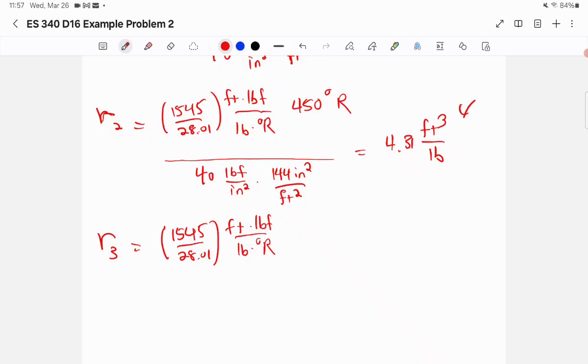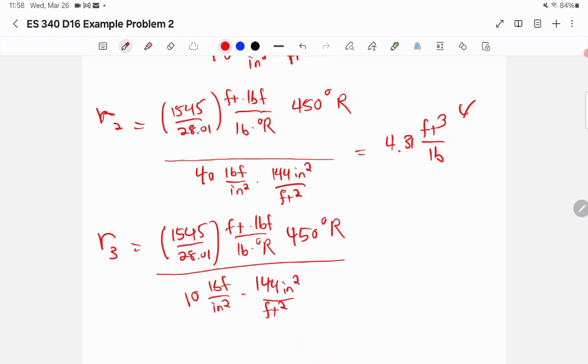It makes sense to have it in feet cubed per pound, which is why I chose this direction. And the temperature stayed constant going from 2 to 3. So it's the same temperature, but now it's a new pressure, which is 10 pound force per inch squared times 144 inch squared per foot squared, which gives me 17.24 feet cubed per pound.